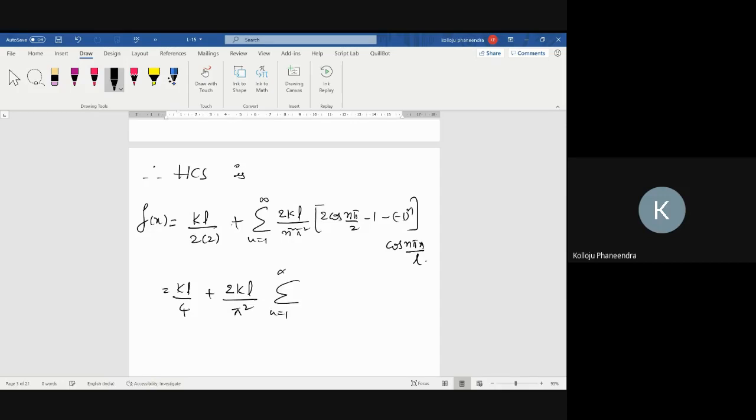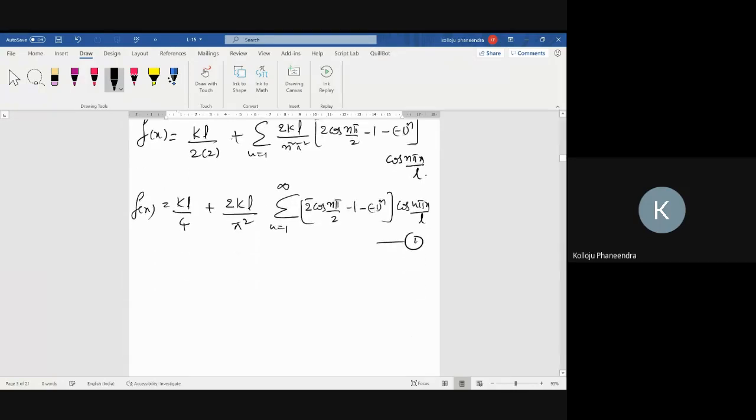Summation is only for n terms: 2 cos n pi by 2 minus 1 whole power n cos n pi x by L. This is equation 1. This is the Fourier series of the required function.